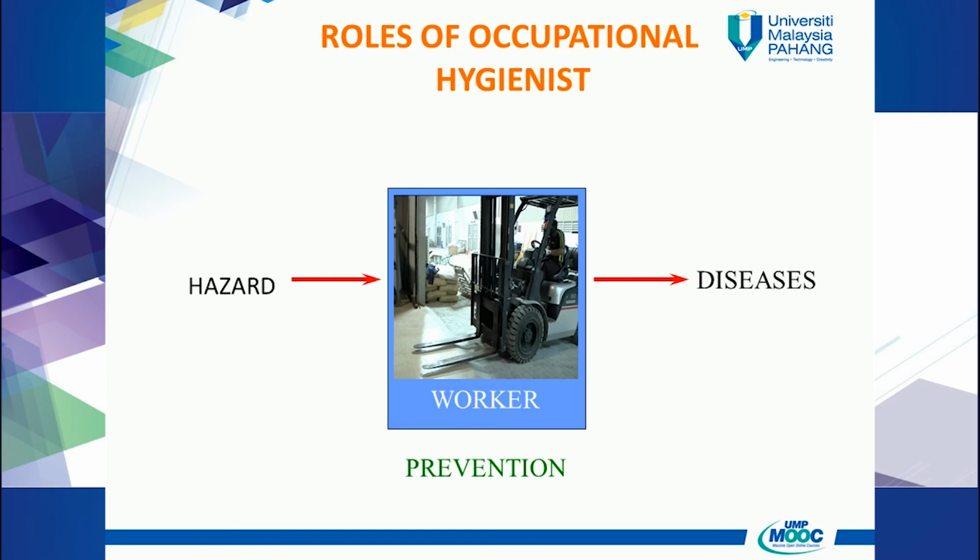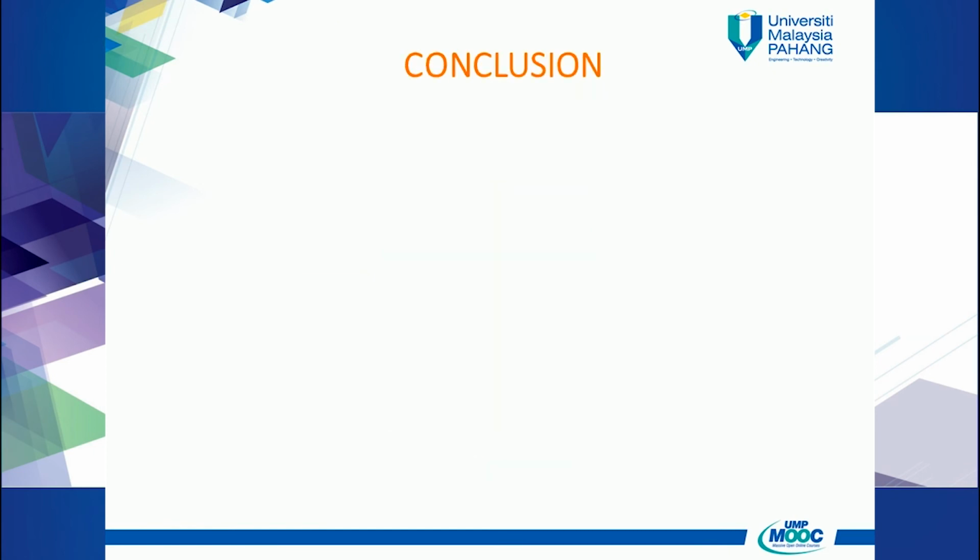Thus, he or she is necessary to familiarize with a set of skills and knowledge, as mentioned earlier, such as interactive communication, technical writing, creativity, curiosity, judgment, common sense, engineering, biology, chemistry, mathematics, physics, and medicine.